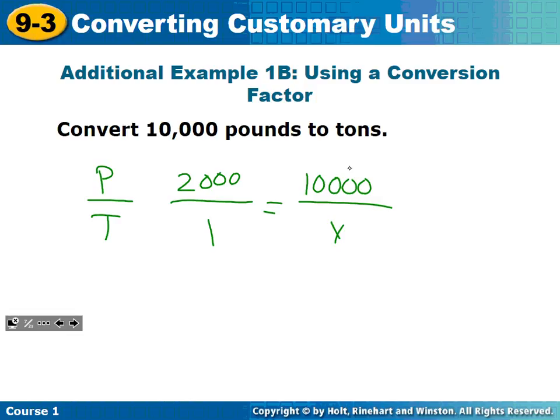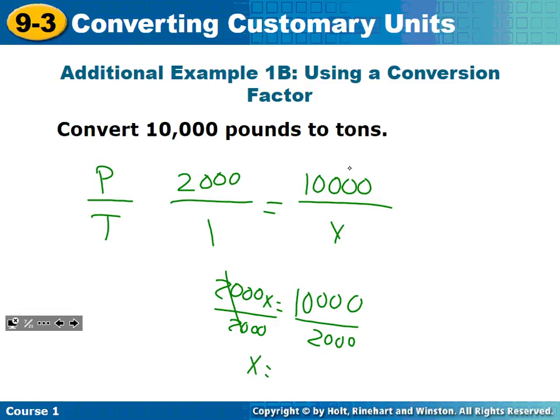This times this, 2,000 x equals 10,000. Divide by 2,000. Divide by 2,000. And you're left with x equals 5. And it's 5 tons. See how that works?